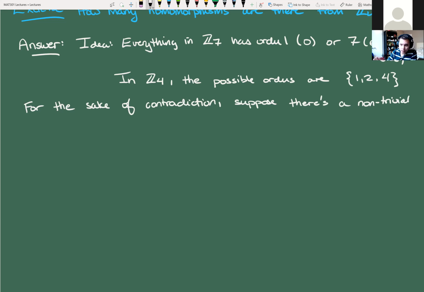Because if it's trivial, it does exist, right? We know the trivial homomorphism is certainly one. So suppose there's a non-trivial homomorphism. Let's call it phi from Z4 to Z7.